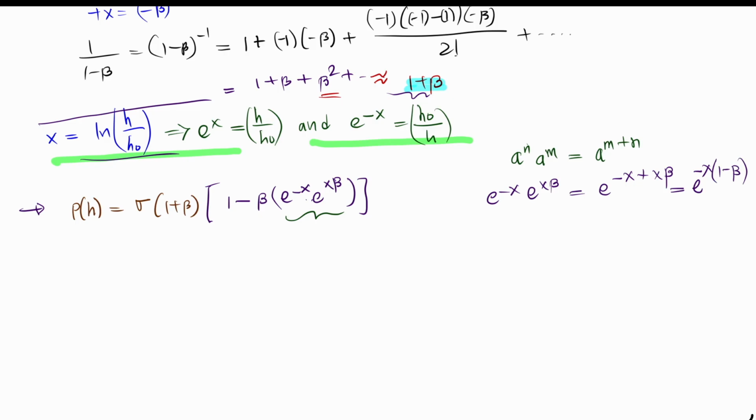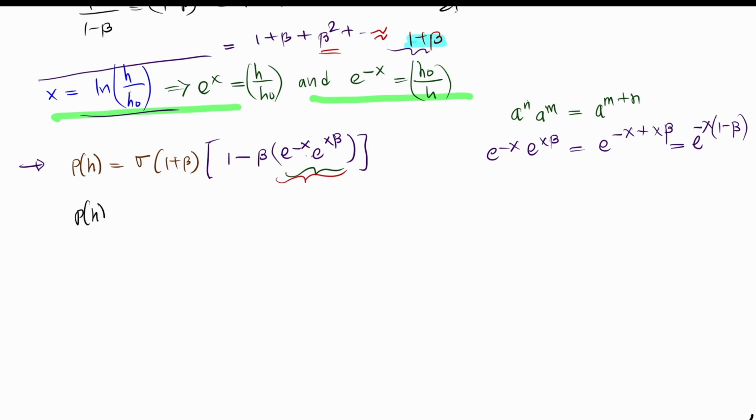So I am writing this now as p h equals sigma 1 plus beta 1 minus beta, and now I'm going to write e raised to minus x 1 minus beta, like this.